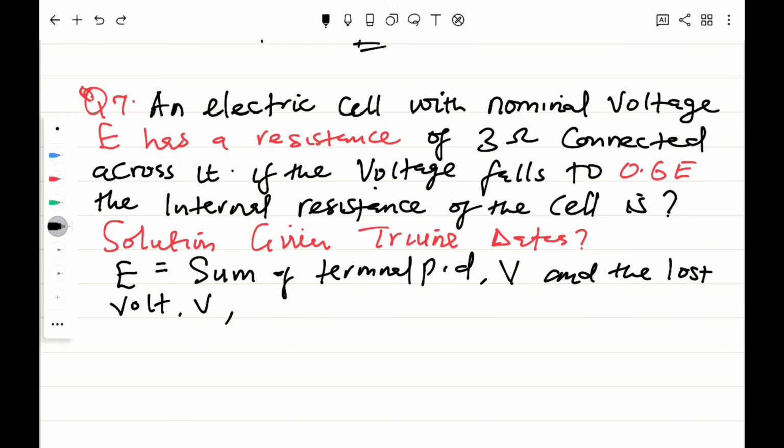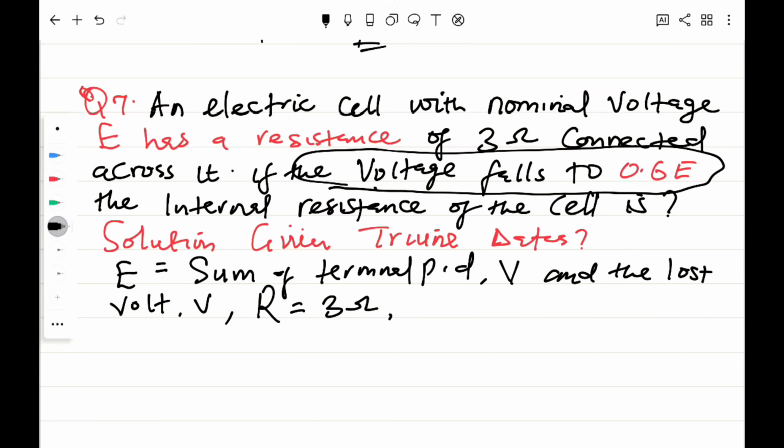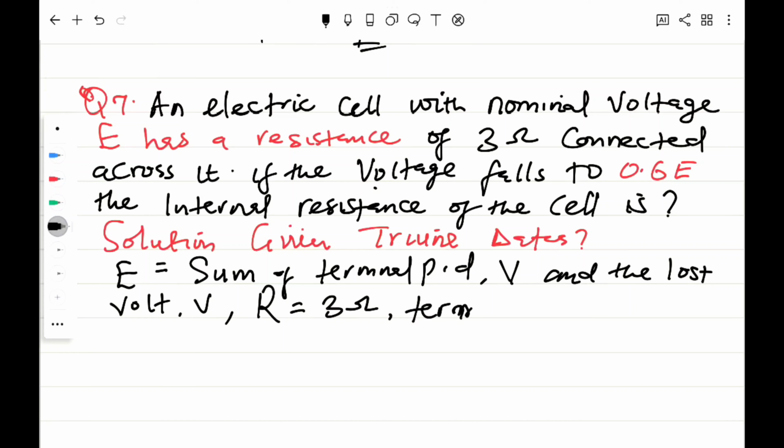It has a resistance of 3 ohms connected across it. This helps you to know that this is uppercase R, the external resistance, external load, 3 ohms. Then, if the voltage falls to 0.6 E, meaning our terminal PD, which is V, is equal to 0.6 E. Are you here?